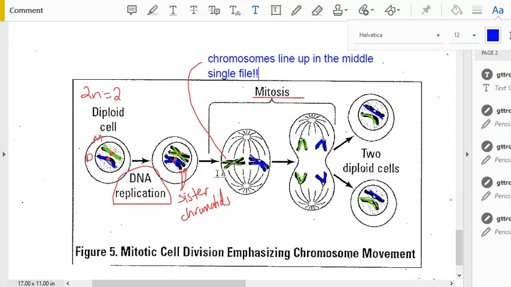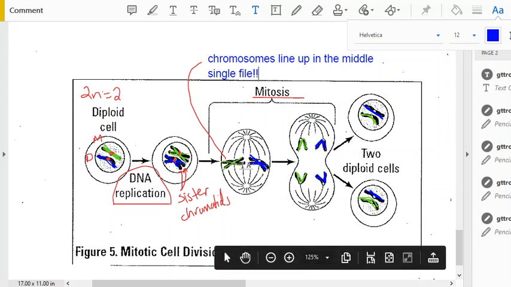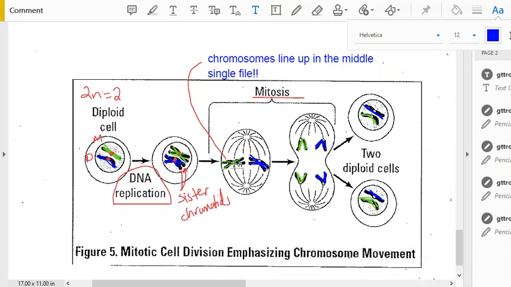So this organism only has the 2 chromosomes, but in humans, since we have 23 pairs or 46 total chromosomes, you would have an entire line, right? Actually all 46 chromosomes would line up in the middle of the cell. They'd all kind of get squished together. So here it's only 2, but in every single cell, all of the chromosomes line up single file.